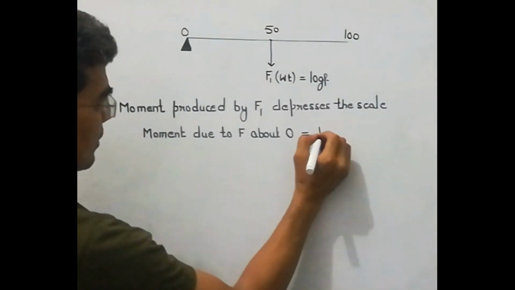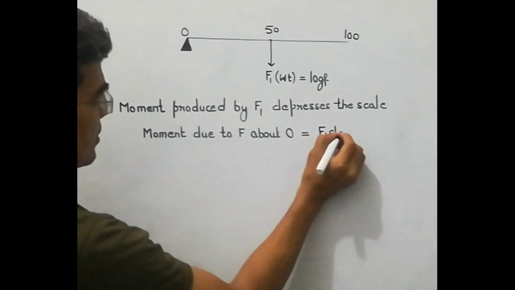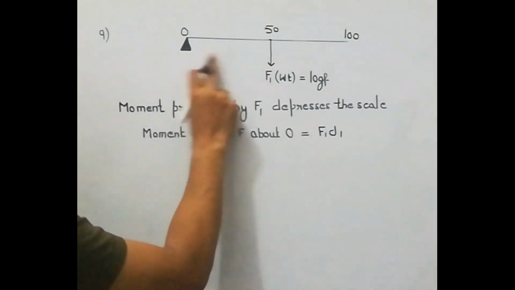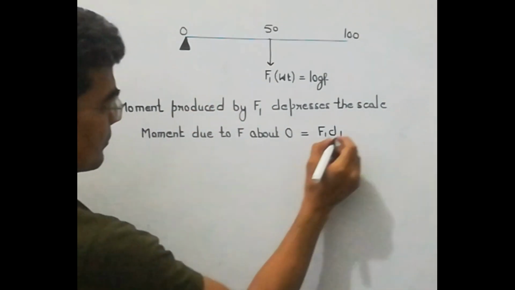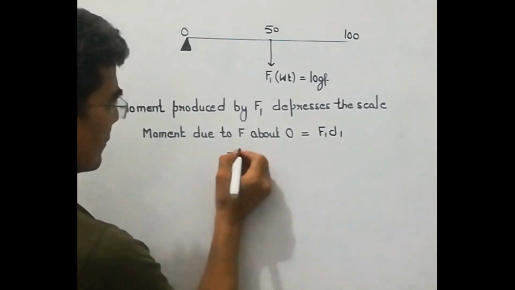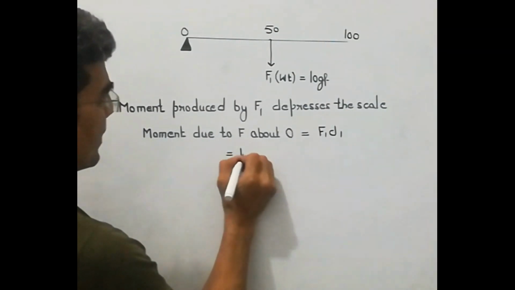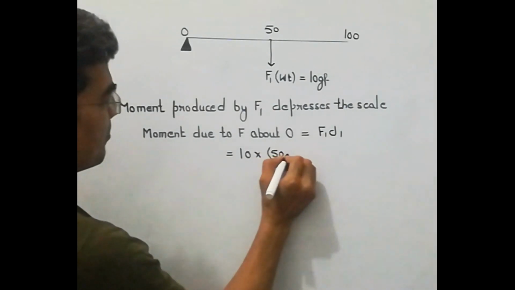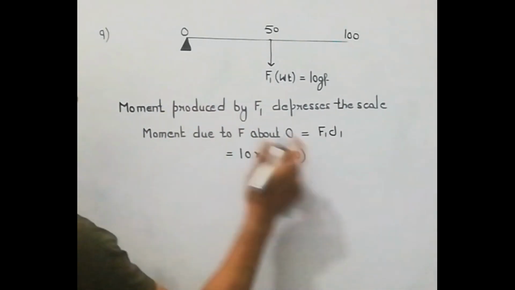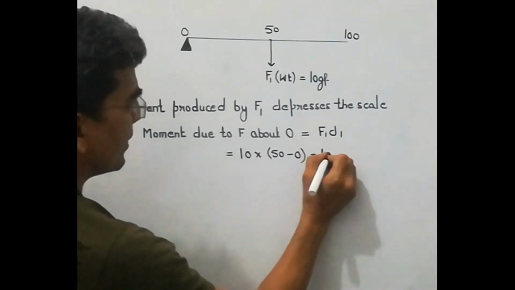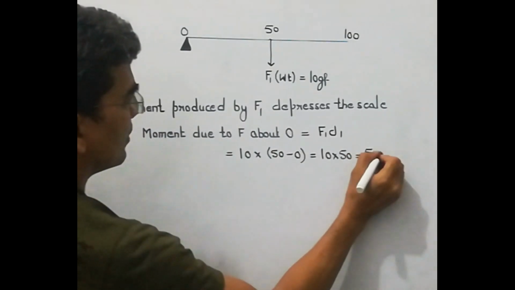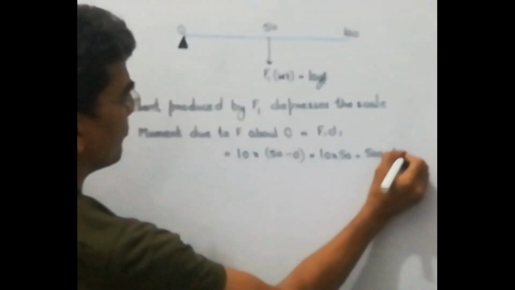So it will be F1 D1, and here you can see F1 is 10 and the D1 is 50. So it is 10 into 50 minus 0, that will give you 10 into 50, 500 GF centimeter.